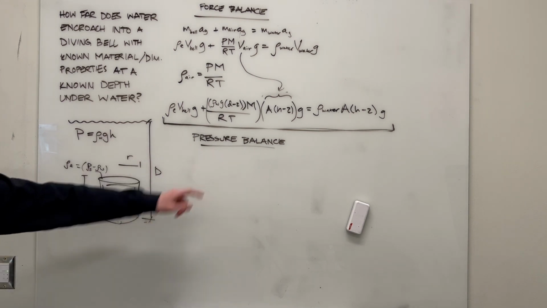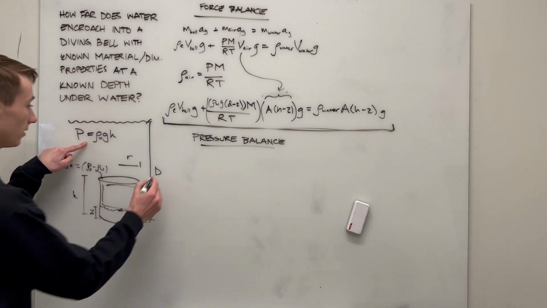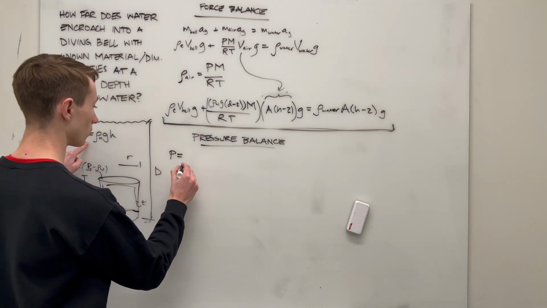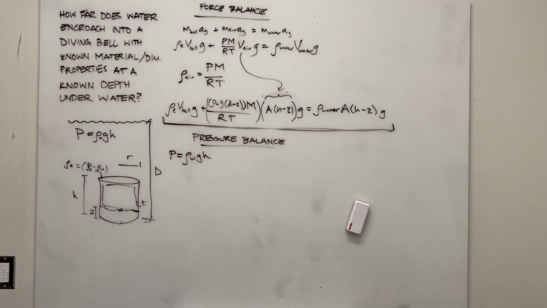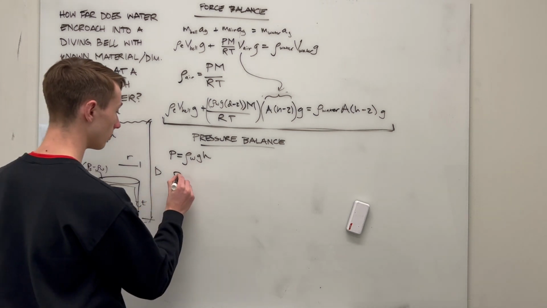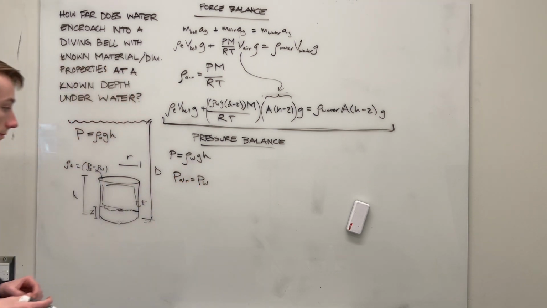So, pressure balance. We already said that the pressure at this depth here is rho gH. And we need to come up with a new expression that shows that the pressure of the air equals the pressure of the water.